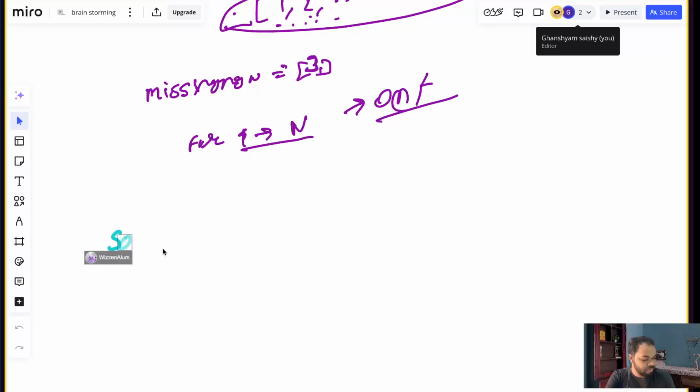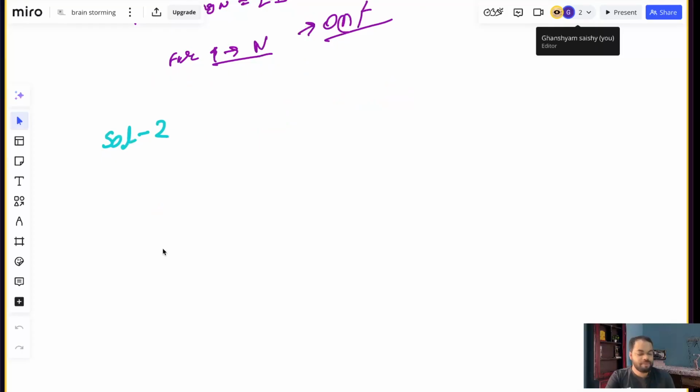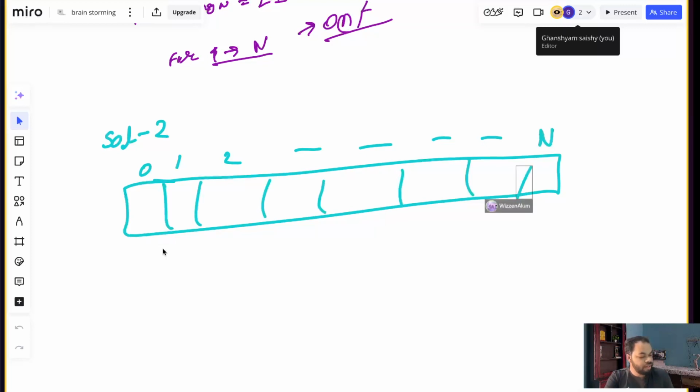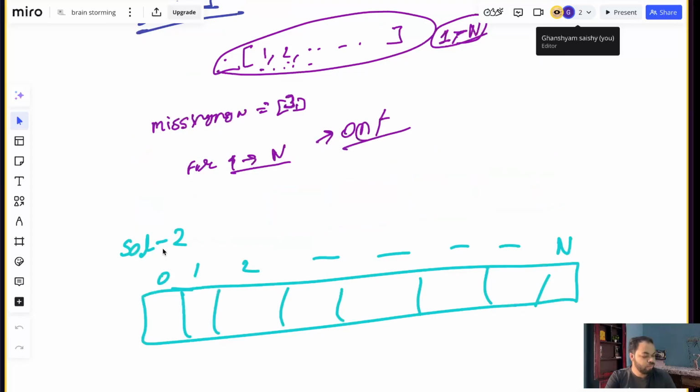As per solution 2, we'll create a new array which has indexes 0, 1, 2, 3, 4, 5, 6, 7, 8, 9, n. And then I'll go through this array, and say okay, I got 1 and I put this 1 at the place of 1, and then 2 at 2.